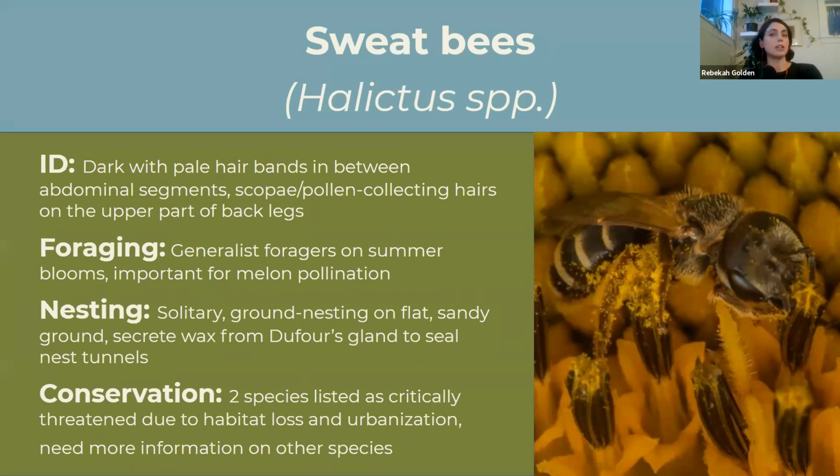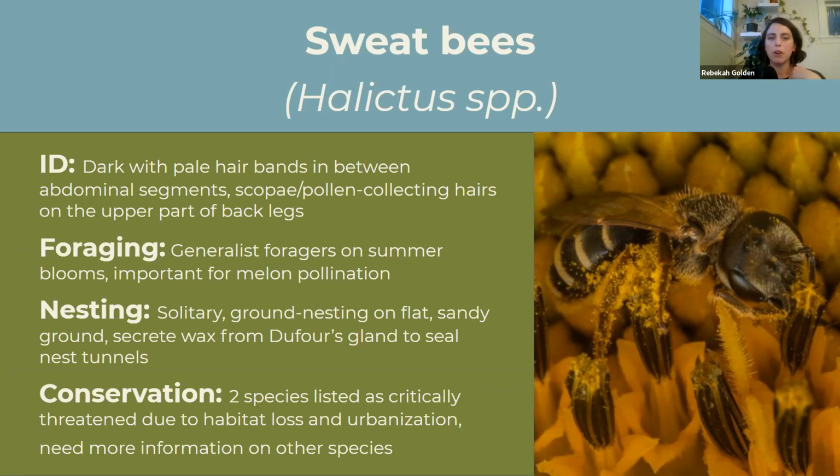They'll visit a whole variety of summer blooms, but they're very important pollinators of melons. And so providing habitat for these sweat bees, and particularly nesting habitat, if you can get them, in melon fields, they'll provide some of those really great pollination services during their blooms in the summer.